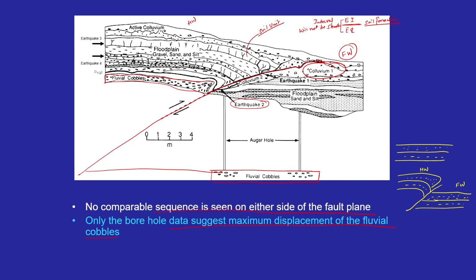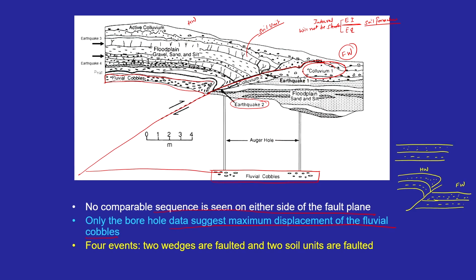The gravelly unit, that is the fluvial cobbles, was displaced multiple times, during each individual earthquake. So in this, at least four events have been identified, but only two wedges are seen over here. So two wedges are faulted and two soil units are faulted.